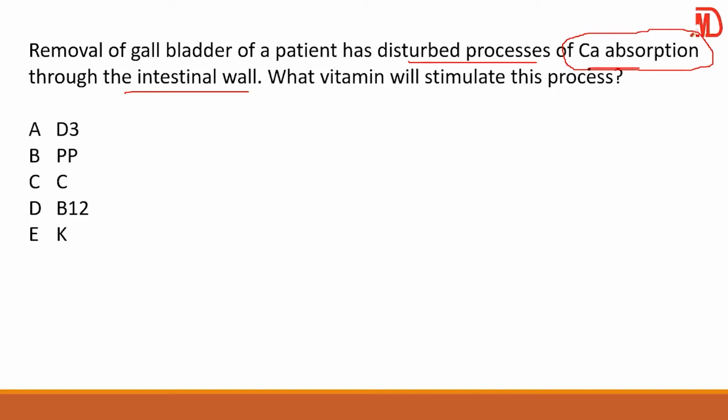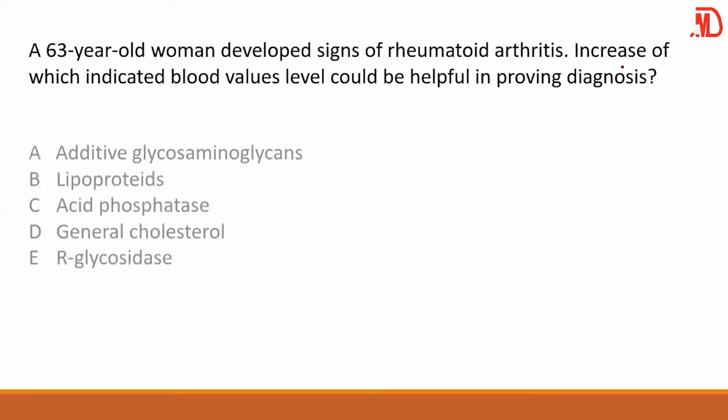So over here, there is a disturbed process of calcium absorption. So you want to increase the absorption, and what do you give? Vitamin D3 or cholecalciferol. So your answer is A. Good.